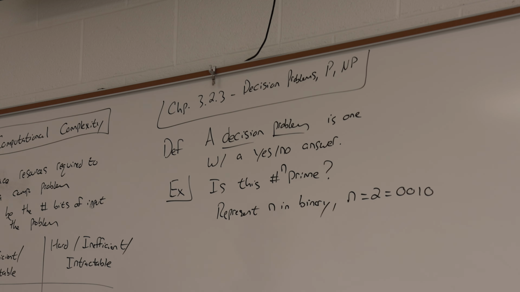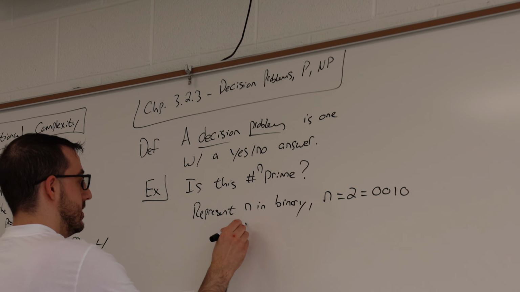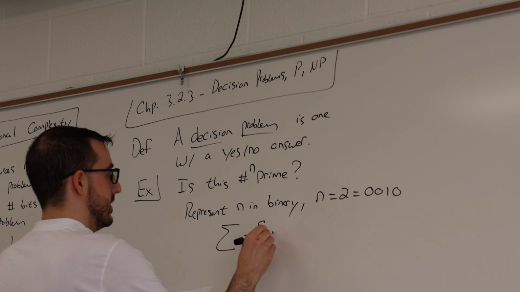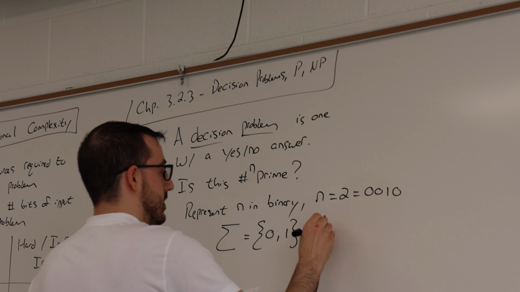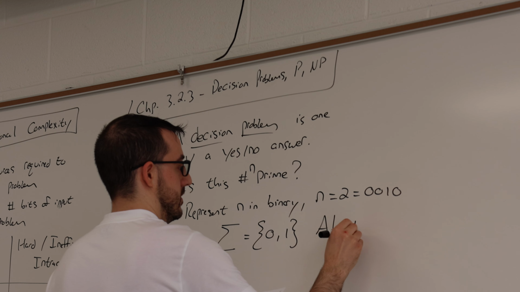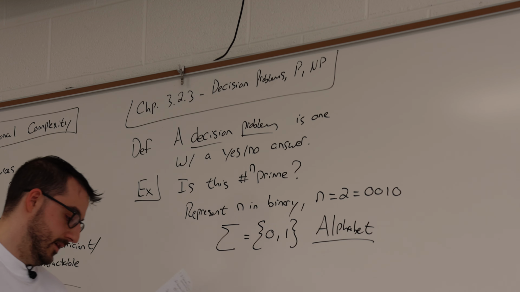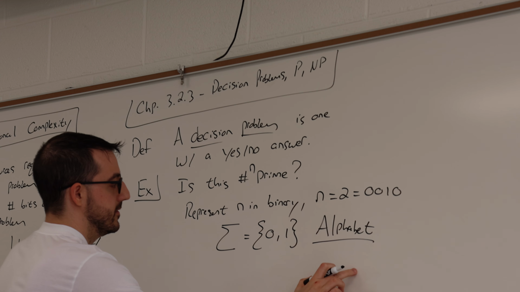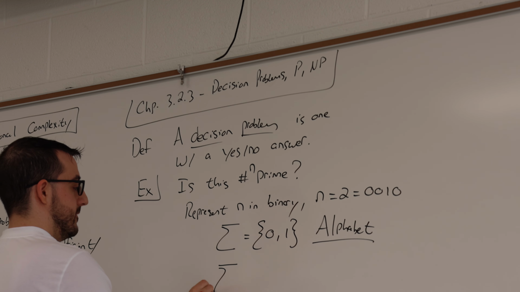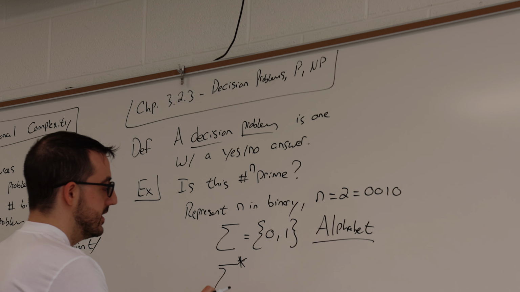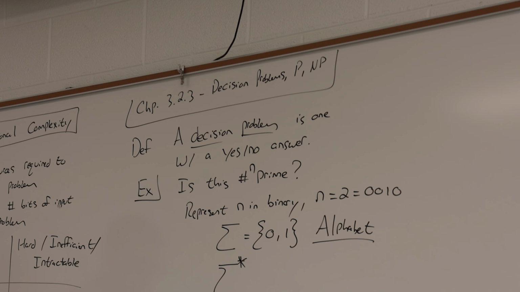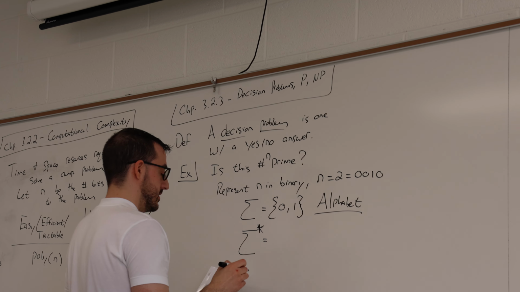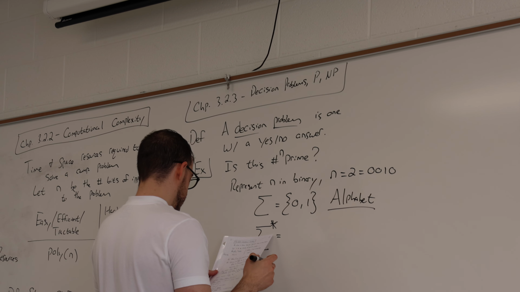So our alphabet is going to be sigma, denoted sigma, and that'll be the set of binary numbers, 0, 1. We'll call this our alphabet. And we're going to consider the set of all finite strings over this alphabet. And we'll use the following notation to indicate that. Sigma star. So sigma with a superscript asterisk is the set of all finite strings of characters, symbols from this alphabet.